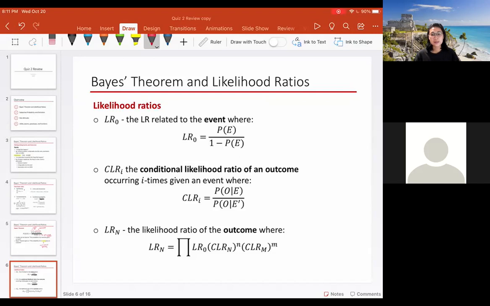Then you have something a little more confusing, which is the conditional likelihood ratio. This is the conditional likelihood ratio of an outcome given an event. It's the ratio of the probability of an outcome given an event divided by the probability of the outcome given not the event.